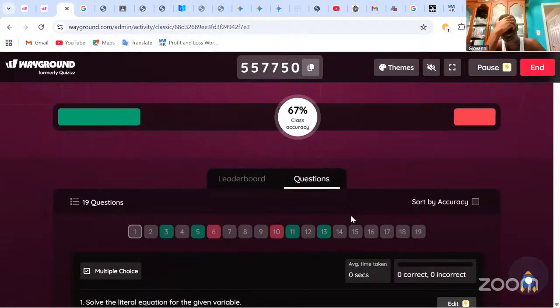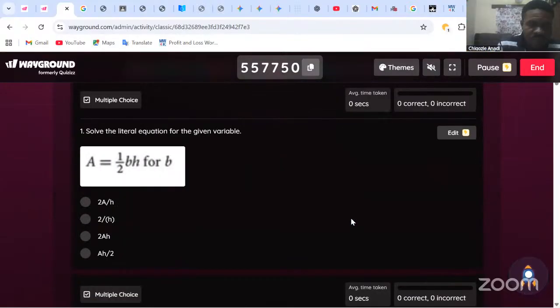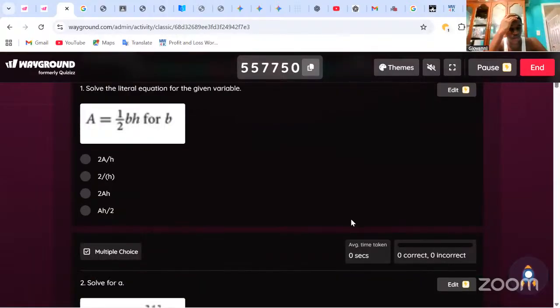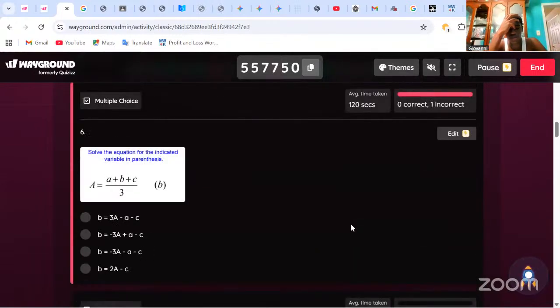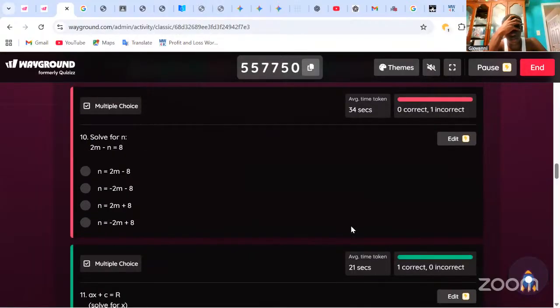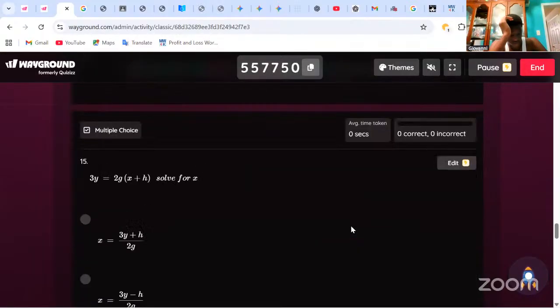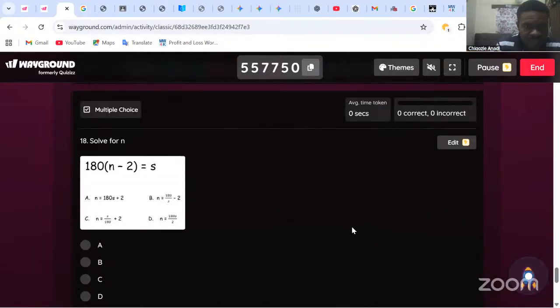I think it's either A or D. For what number? 180 times (n minus 2) equals s. Okay, so you're asked to make n the subject of the formula. You divide both sides by 180. Once you do that, your answer is looking at you there. So what is your answer?